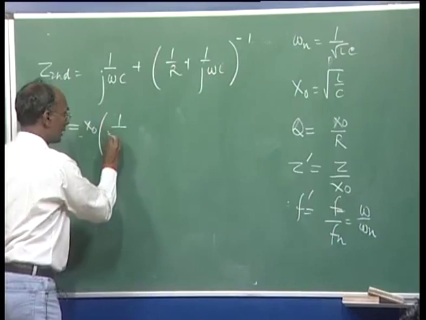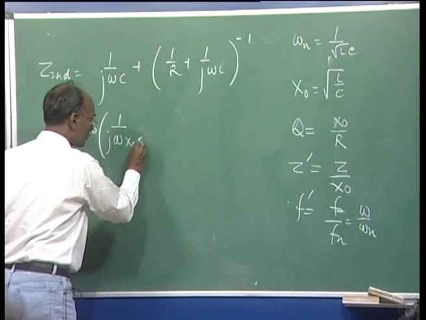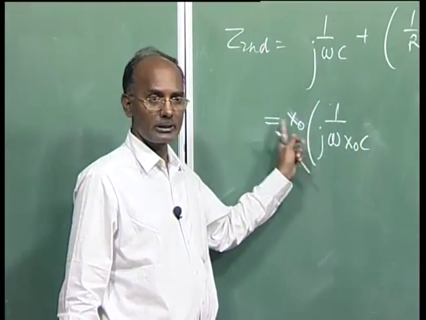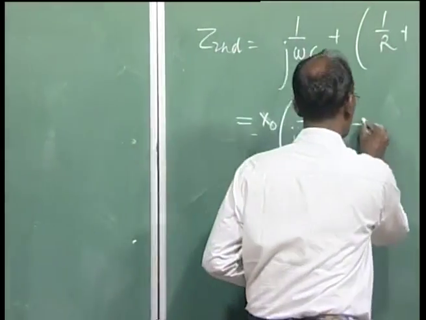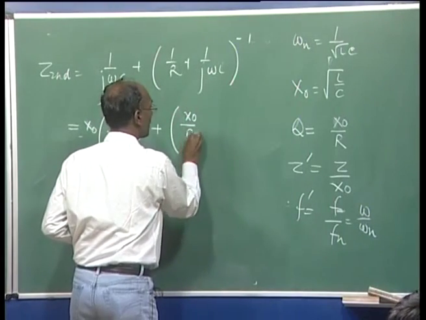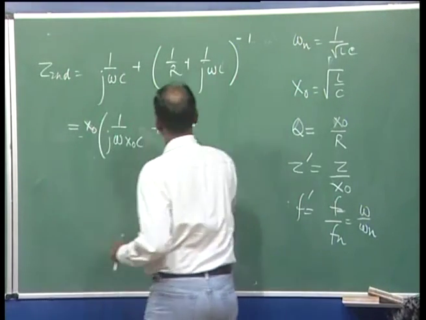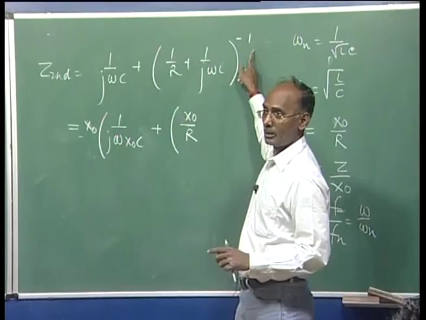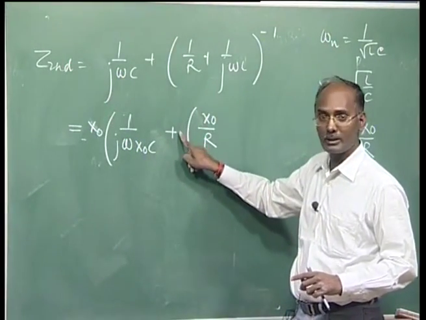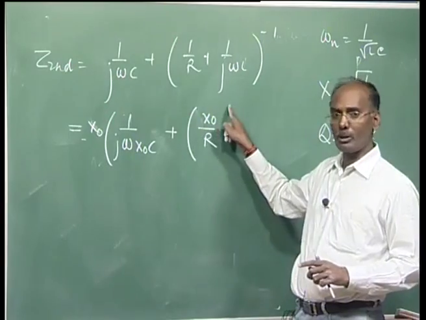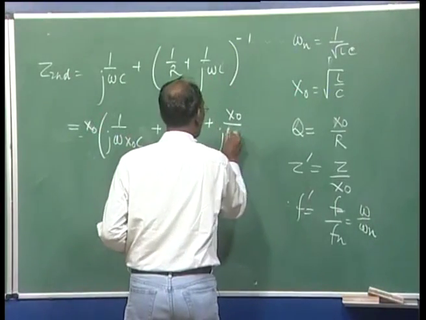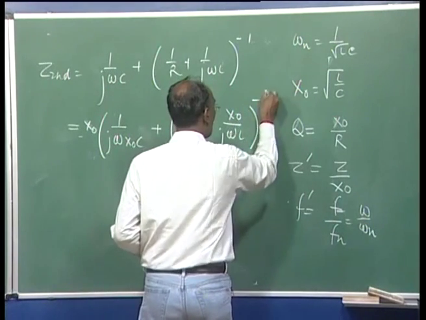So, it is 1 over j omega X naught C. I just multiplied and divided here. So, it is cancelled out here, plus here I can write X naught by R, because this is the inverse, mind it. So, if outside it is multiplied and divided here, it will go up here, plus X naught by j omega L, the inverse.